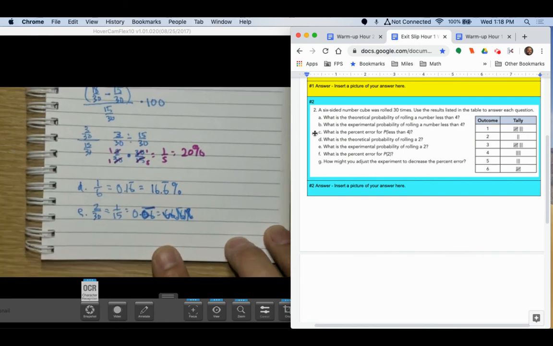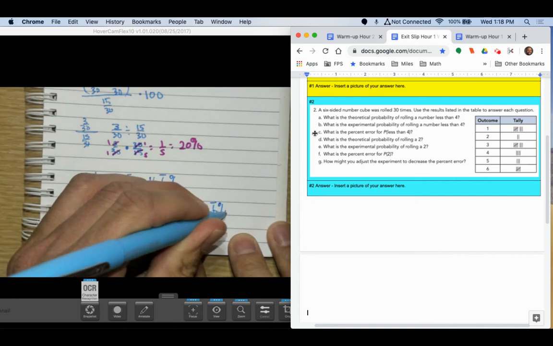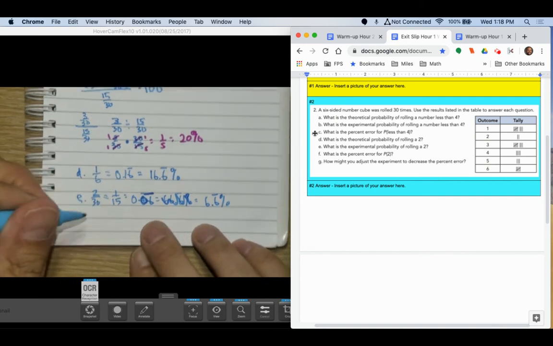Mr. Molnar is making mistakes. Then it says, what is the percent error for this one?